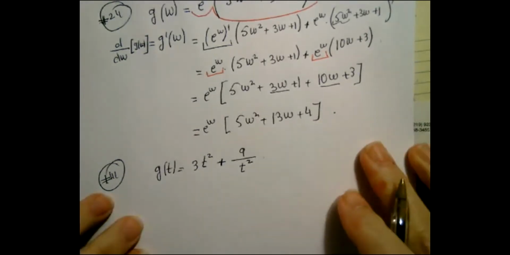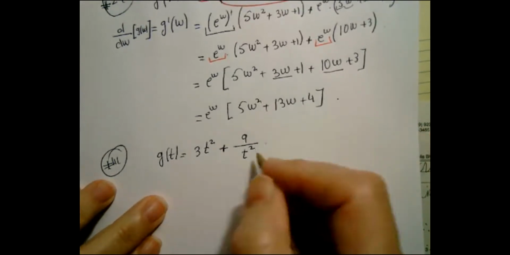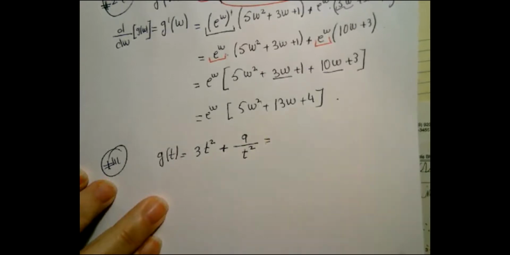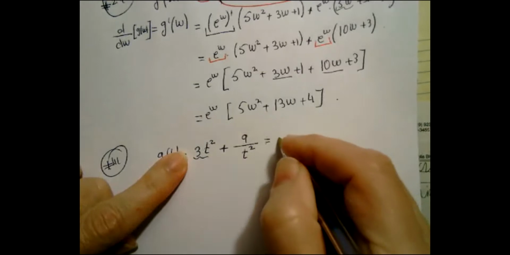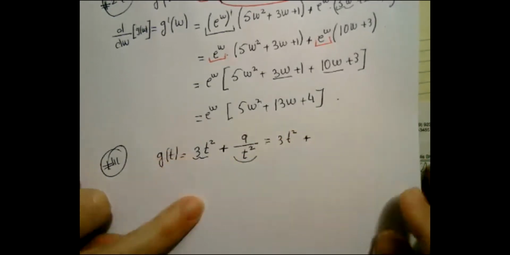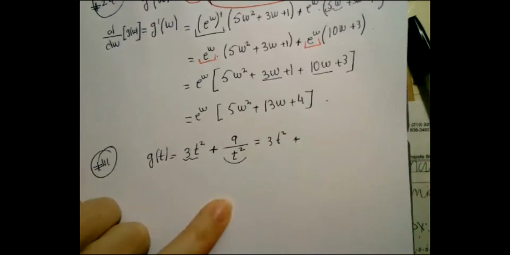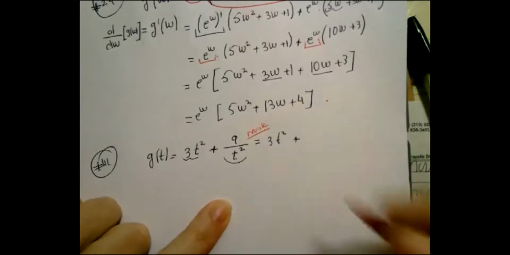So we are back to the previous section, but we have to use the previous section. This term is ready to find its derivative. This term is not ready to find its derivative. We have to rewrite it. So we have to go back to rewriting.